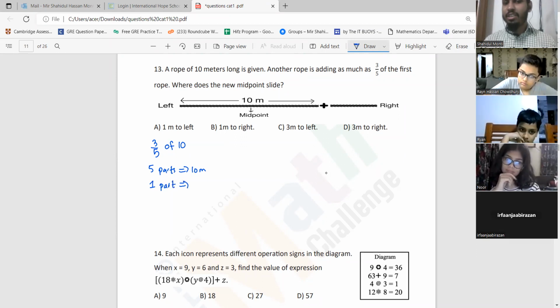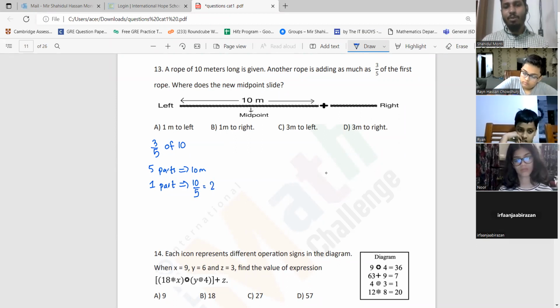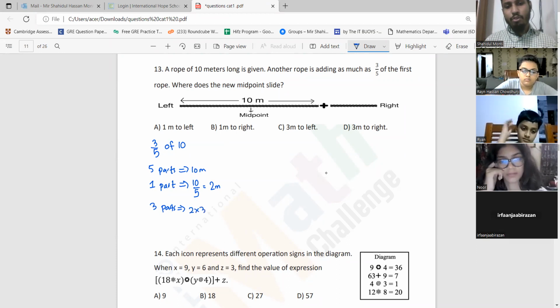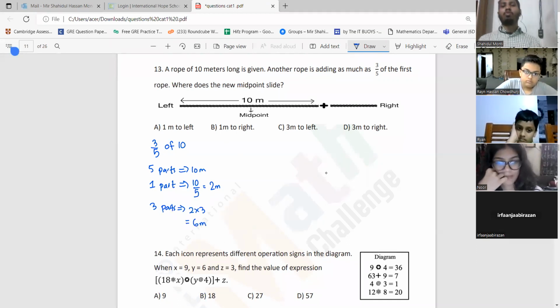If 5 parts is equal to 10 meters, 1 part will be 5 times less. So 10 divided by 5 is equal to 2 meters. 1 part is equal to 2 meters. So we can write here 3 parts. 3 parts will be equal to 2 times 3, which is equal to 6 meters.